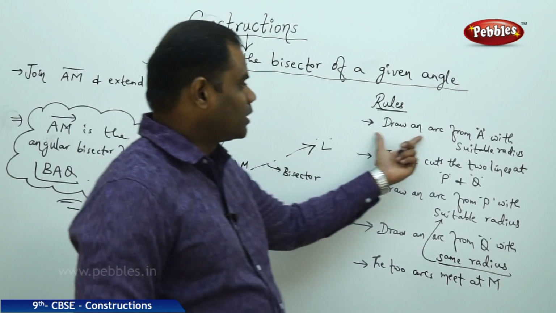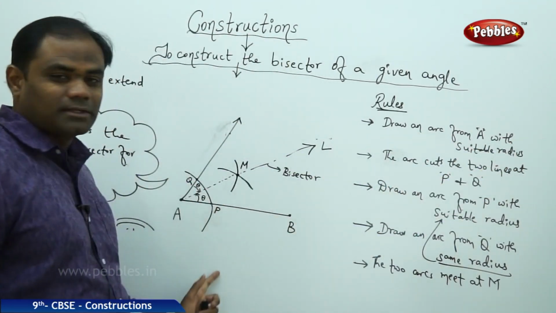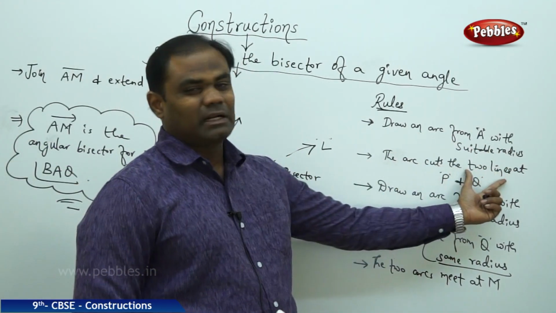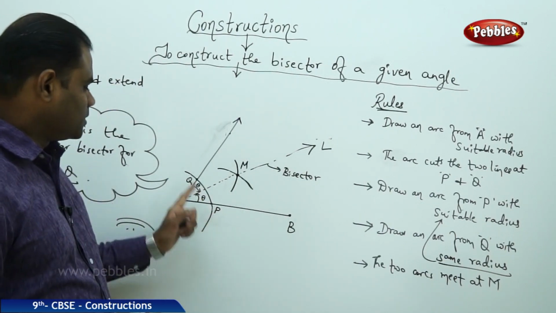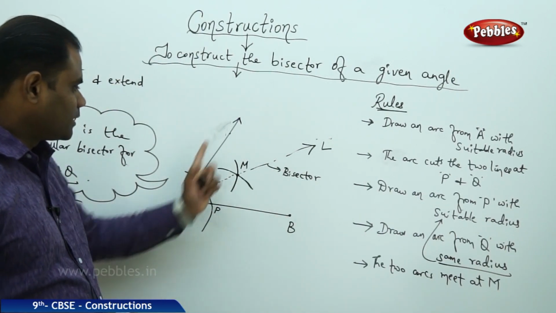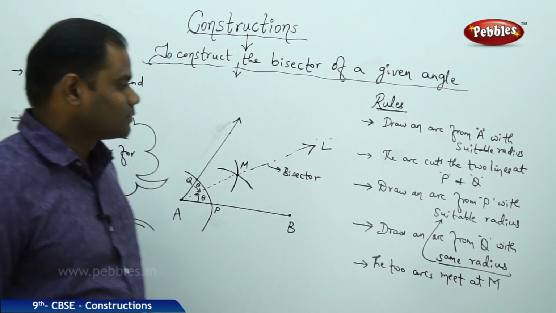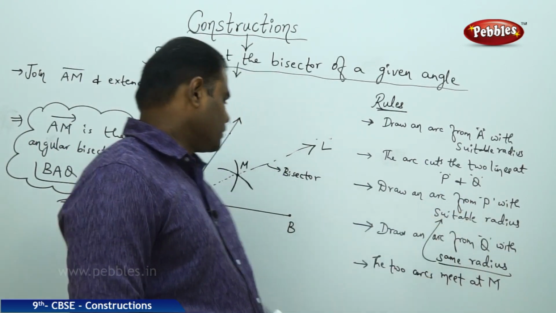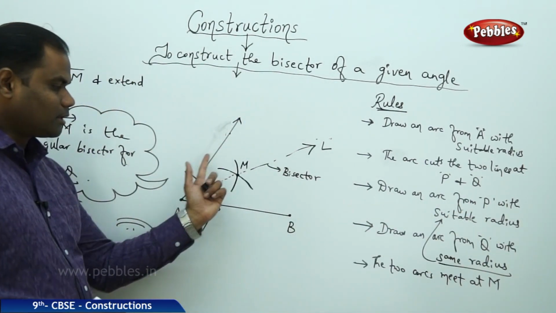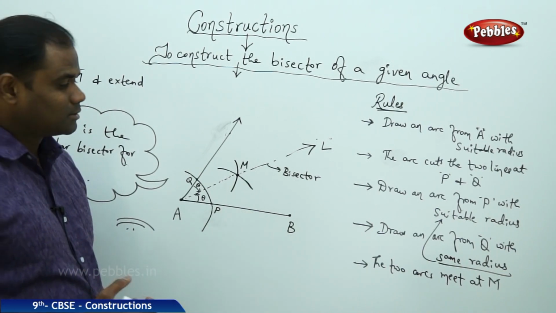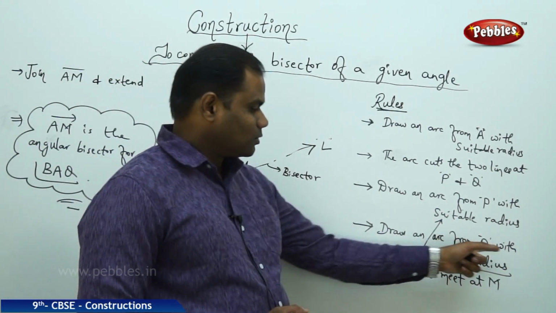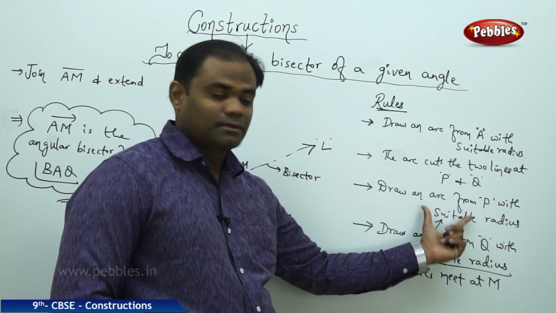Rule 1, draw an arc from A with suitable radius. Rule 2, the arc cuts the two lines at P and Q, the line AB at P and this line at Q. Draw an arc from P with suitable radius. Take a pointer at P and draw an arc with suitable radius. Next, draw an arc from Q with the same radius as the previous one.